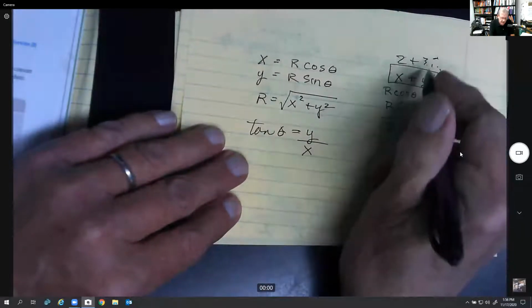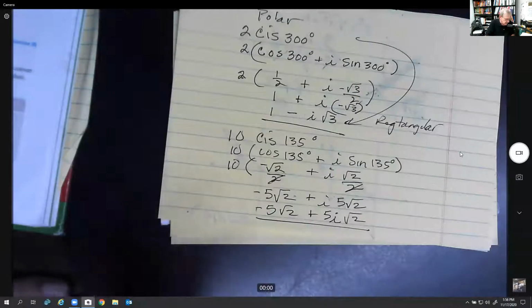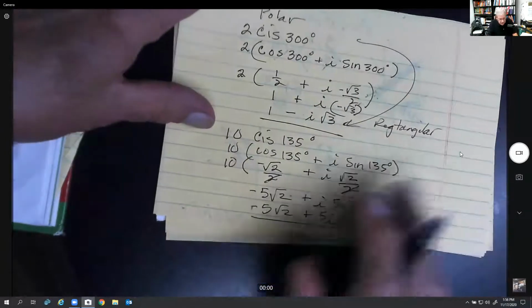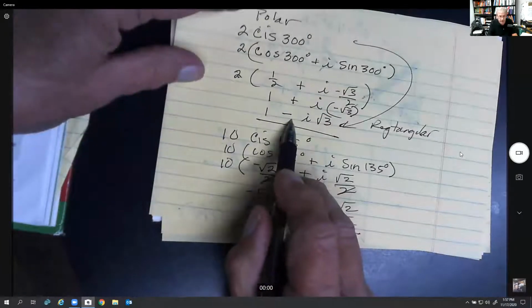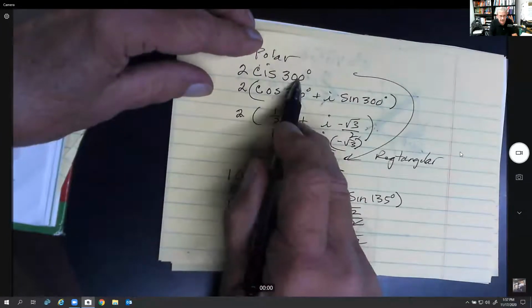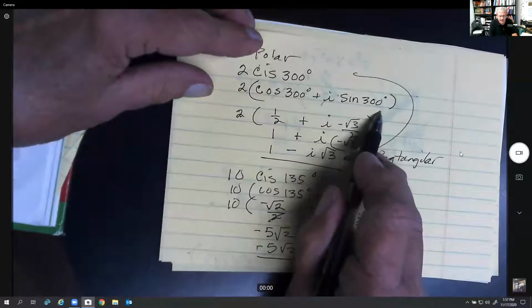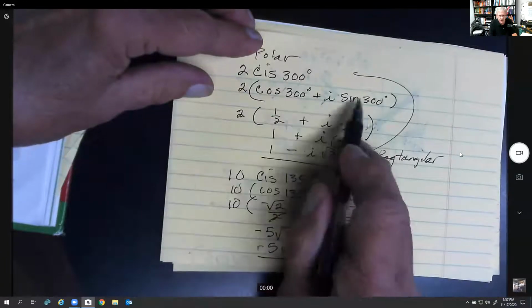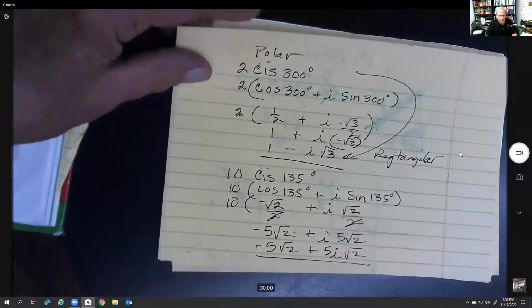I was just showing you that it could be written that way. But we're going to use them in just a second. So now we can convert from polar to rectangular. Very easy to do. If it's written 2 cis 300, expand that out so it makes sense, look up the cosine, look up the sine, and simplify it a little bit.